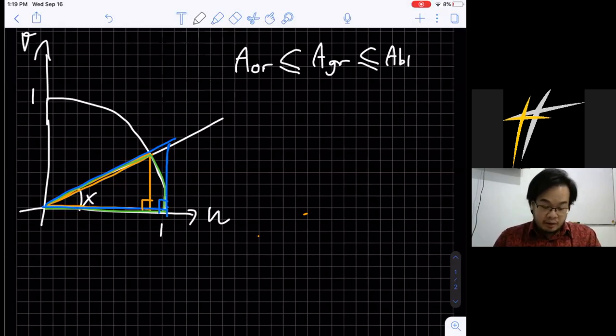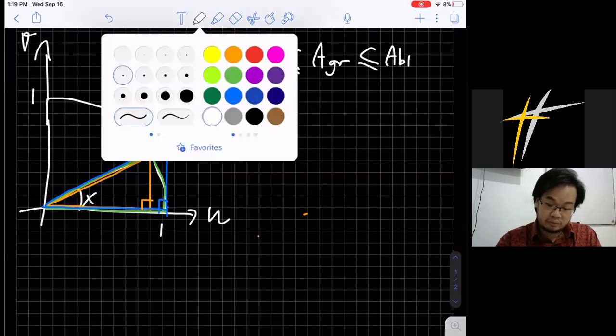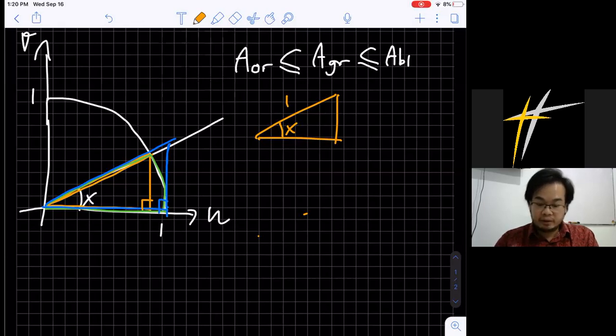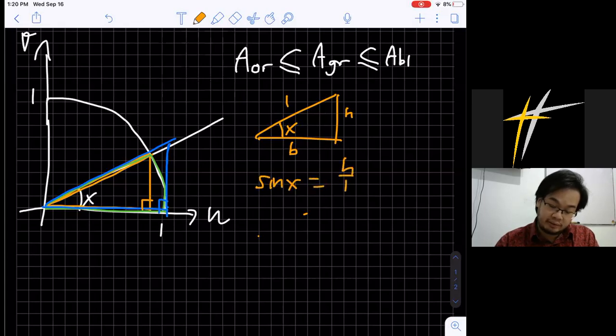Okay, now if the radius is 1, then let's find the area of the orange one. If this is the angle x and this is 1, the area of a triangle is half times base times height, right? So this is the height and this is the base. So we know that sine x will be equal to h over 1, so h equals sine x.